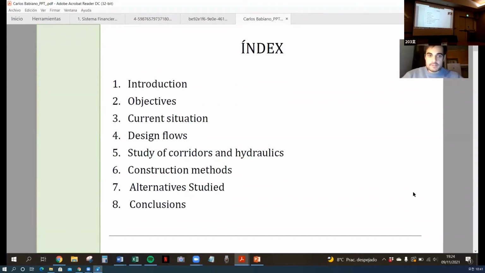The 6th point is about the construction method. The 7th is the alternatives study. And then we will talk about the conclusions. The conclusions are made not just for this particular case, but also for other cases that might be very similar.